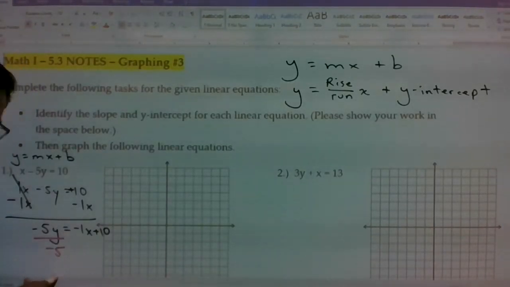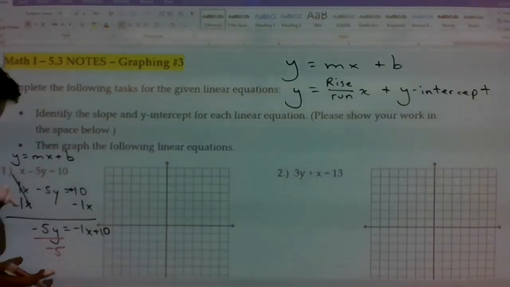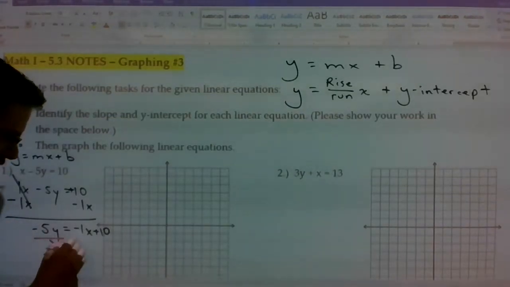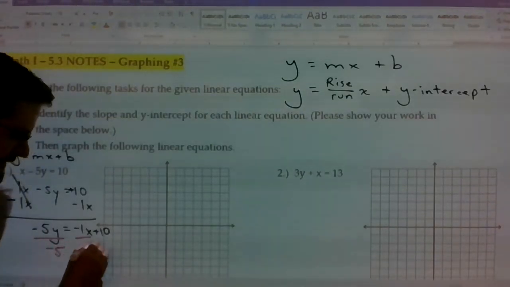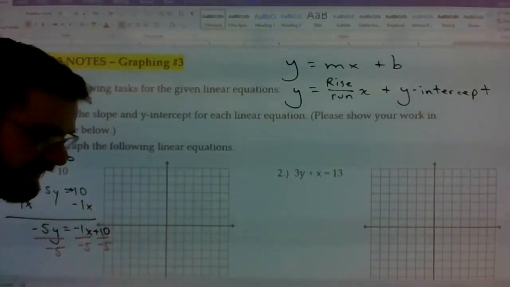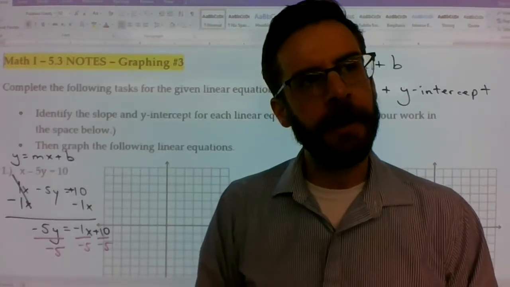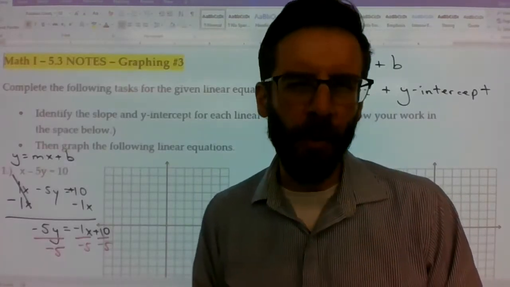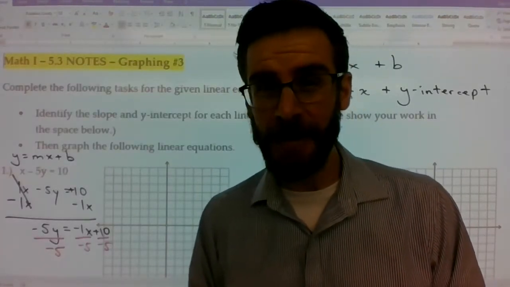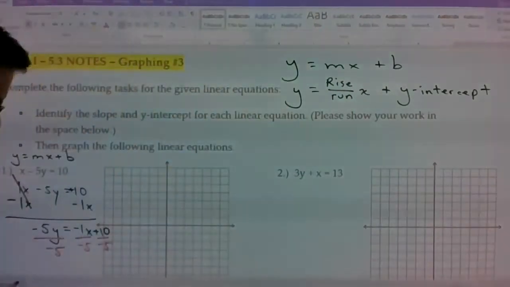Now you're applying that skill to this. If you divide the left-hand side by negative 5, you divide all parts of the right-hand side by negative 5. If you've forgotten, you can go back and watch that video in chapter 2. I think it's like 2.14, maybe 2.13, one of those videos.